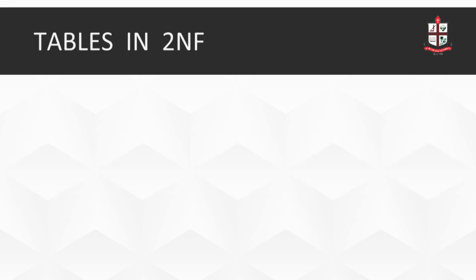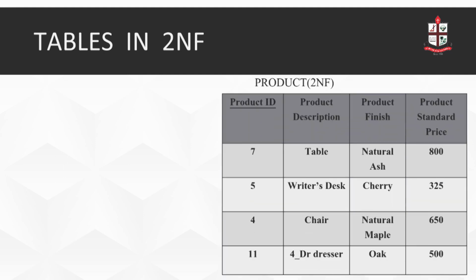Now we can create another table called product, with product ID, product description, product finish, product standard price. These are the attributes for the product table, and product ID is the primary key for the product table. This table is also in second normal form.